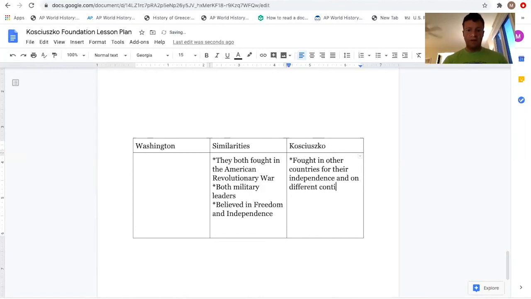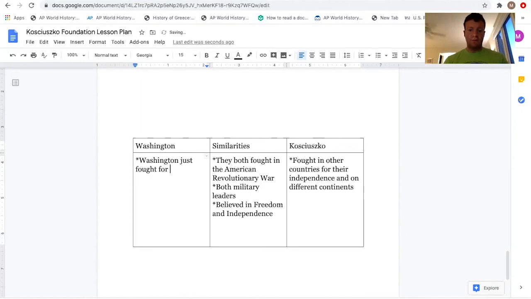So he actually traveled from Europe into America, as I said, to fight in the American Revolutionary War. That's something George Washington never did. He only fought in his own respective country. So we'll say Washington just fought for American independence.